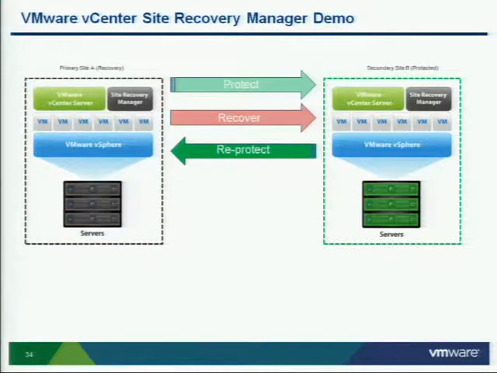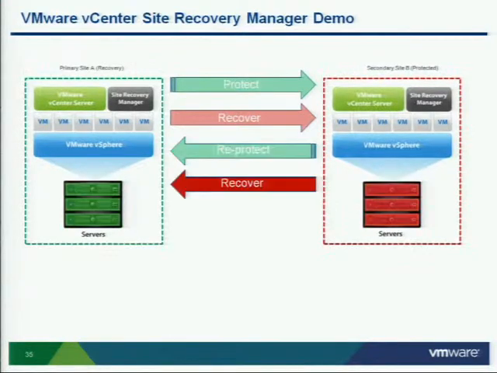Once I have my workloads moved from site A to site B, I will configure the protection to go in the opposite direction. I will reprotect site B with site A. And I will run recovery again, and I will bring my workloads back where they were in the beginning.